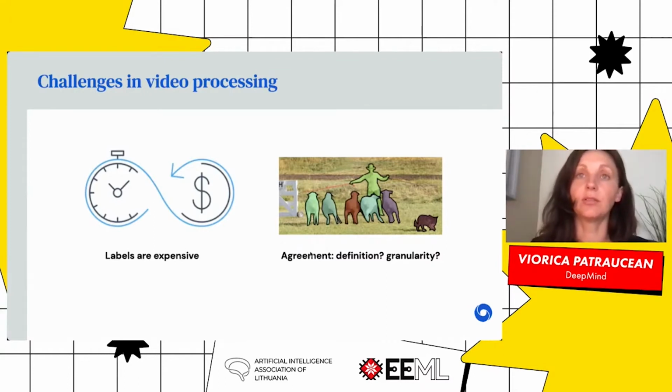How do you choose the granularity at which to label your data? What are the right classes to consider? If you train on a number of classes, will this transfer well to some other task that you want to solve later on, maybe with different classes? There are all these questions, and I think the labels being expensive is a major issue.